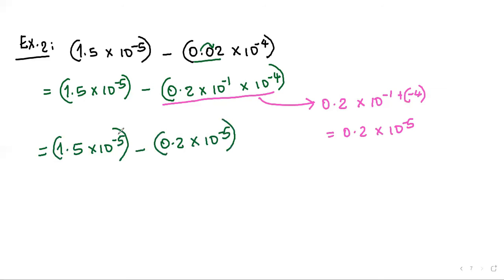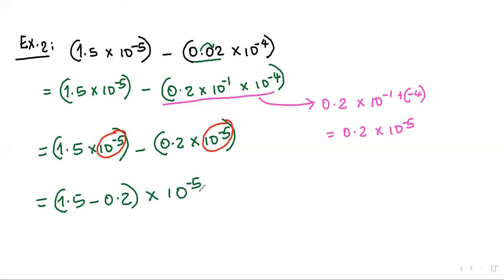Now, since we have 10 to the power of negative 5 here, and even here 10 to the power of negative 5, we can rewrite this as 1.5 minus 0.2 times 10 to the power of negative 5. Okay? And then we get 1.3 times 10 to the power of negative 5. So that will become our answer.